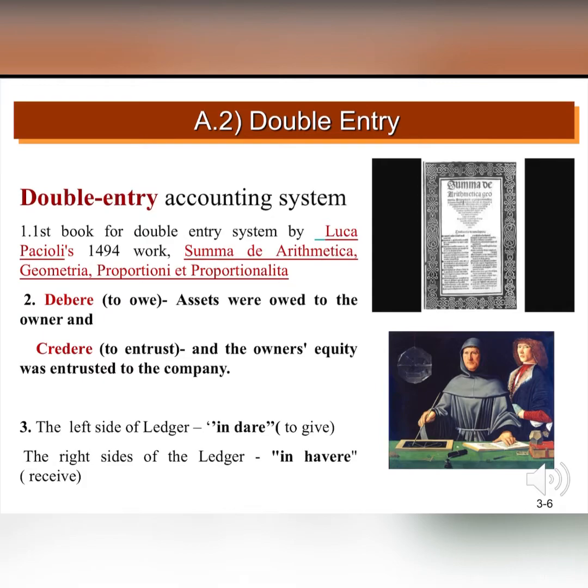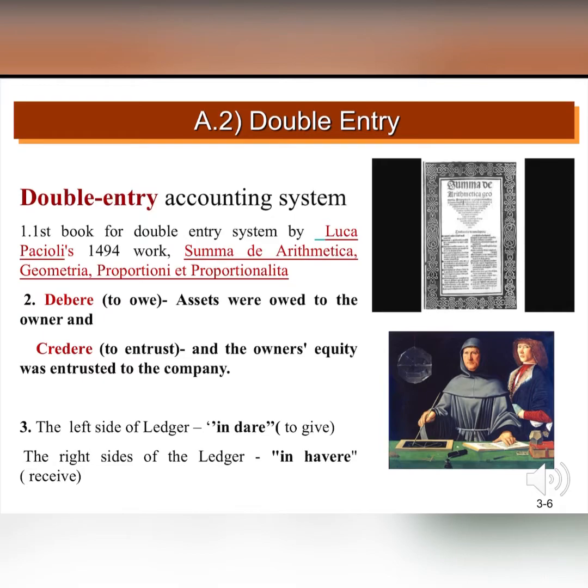Before starting into the journal itself, let's know the meaning of double entry. What is double entry and why is it important? This guy called Luca Pacioli, in 1494, published a book about accounting.